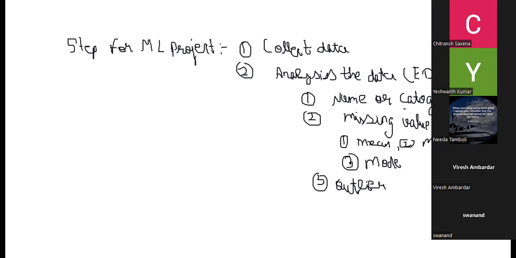Now, what will be the impact when we use median and mean? Okay, suppose I have this type of data, 3 4 4 5 6 7 8 9 10. Okay, now there are no outliers. So what is the mean of this? 5.5.